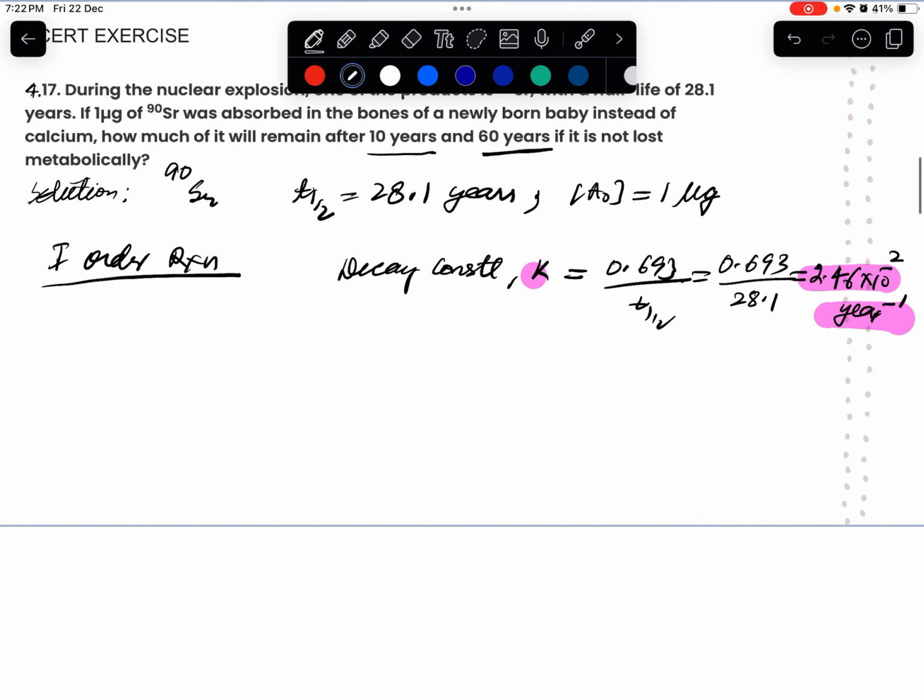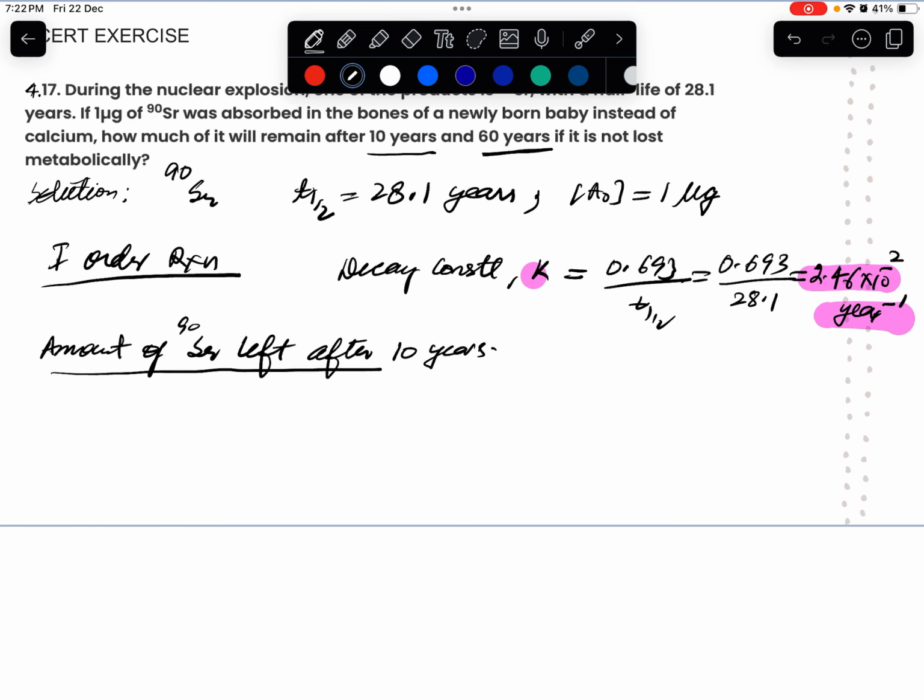Okay, now first we will calculate the amount of strontium 90 left after 10 years. First we will calculate this quantity. So we will write down the same equation, K, as we write for first order reaction: K is equal to 2.303 divided by time taken for a change, where we have log of initial amount divided by amount left at a particular time.